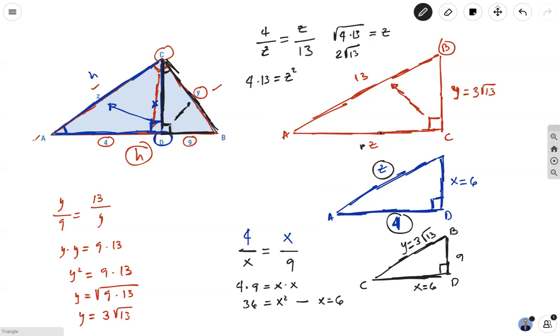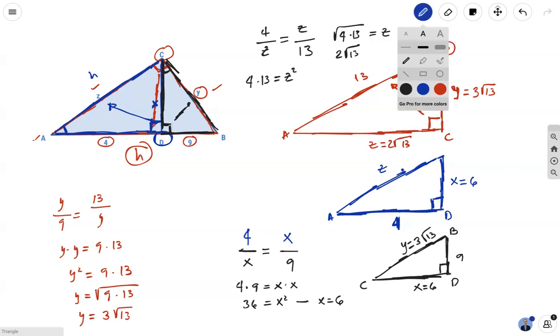So let's use that. So this right here is equal to 2 times the square root of 13 and 2 times the square root of 13.